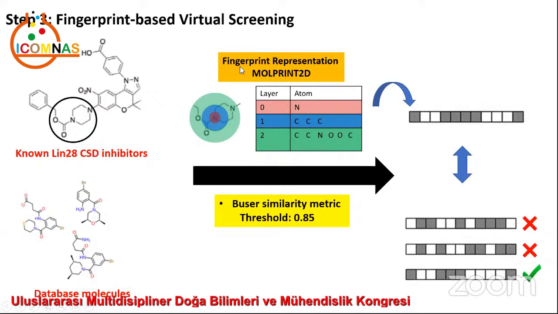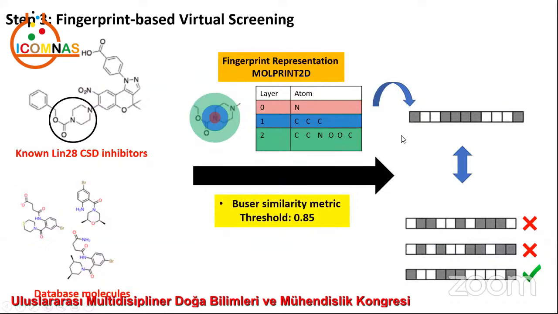And then we generated the fingerprint representation of these chemicals, as shown here as an example, that the computer can understand. And we also did the same thing for all the molecules that are prepared in the database. So we also generated their MolPrint2D fingerprint representations.